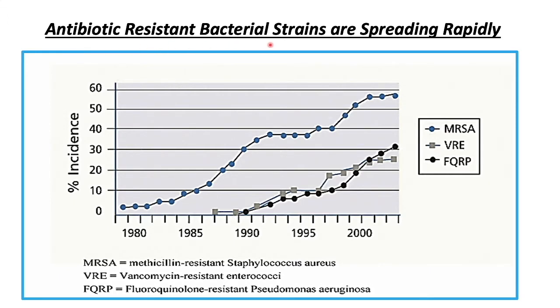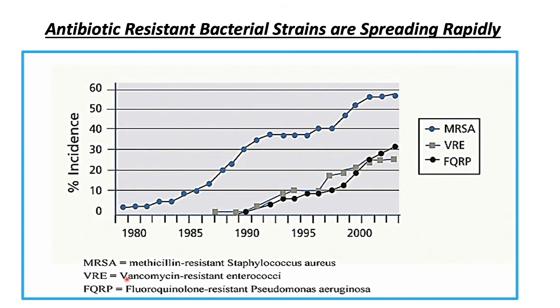Antibiotic-resistant bacterial strains are spreading rapidly, both in this country and around the world. For example, methicillin-resistant Staphylococcus aureus, shown here, vancomycin-resistant enterococci, and fluoroquinolone-resistant Pseudomonas are shown here in these 2 lines.